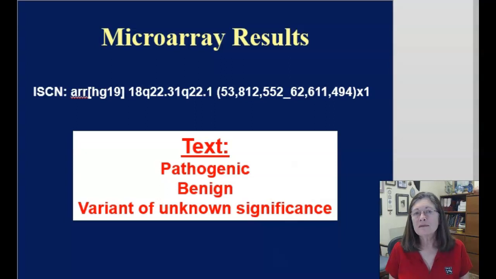It may be just in most of the people who have one copy. Benign is similar in that, and so much is not known about the effects that this is why you really need to have a conversation with a genetics professional about what each of these terms mean in your particular case.